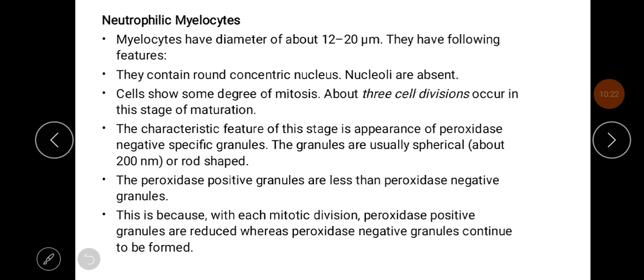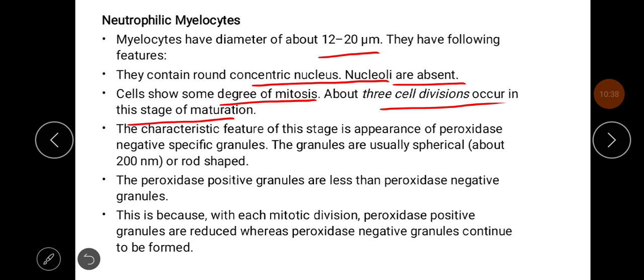Neutrophilic myelocytes have a diameter around 12 to 20 microns. They have the following features. They contain round nuclei, and nucleoli are absent. Cells show some degree of mitosis. About 3 cell divisions occur in this stage of formation. The characteristic feature of this stage is the appearance of peroxidase negative specific granules.